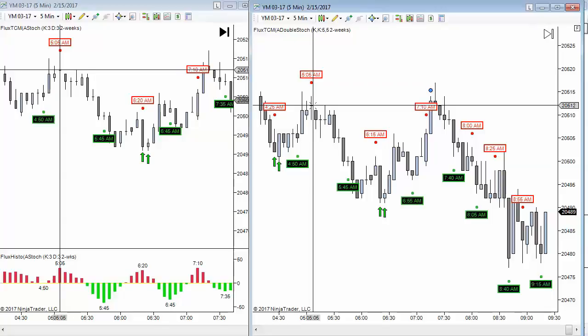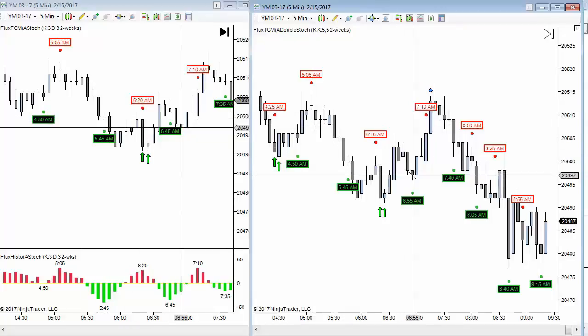When you're going, well, this one was off 1 bar, this one was off 1 bar, you start to learn the behavior patterns of each different signal. What does the stochastic tend to do as opposed to the MACD? What does the double stochastic do as opposed to the stochastic? And so on. And so here we're really splitting hairs. But over here on the right, again, the green dot at 6:55 is in the right spot. In the chart on the left, it's in the wrong spot. It's off 2 bars.